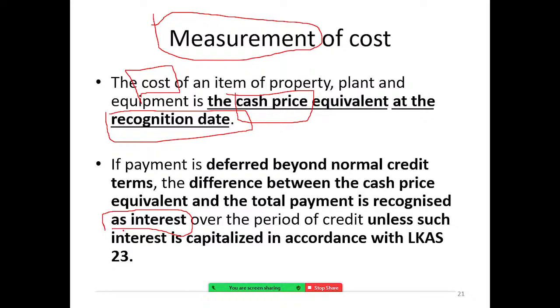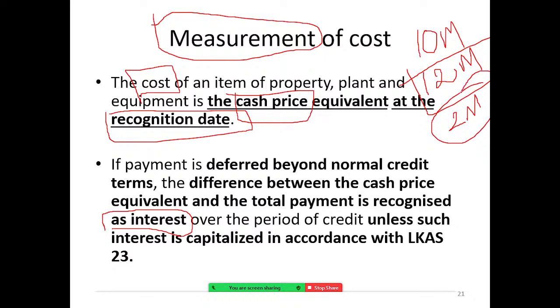If the entity delays the payment, say for example at the time of purchase they have to pay 10 million, but they delay it and consequently pay 12 million because of the delay. In these instances, this additional 2 million will be charged as a credit cost, the interest cost.